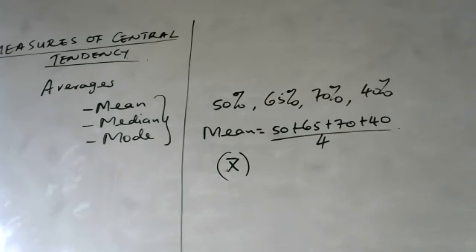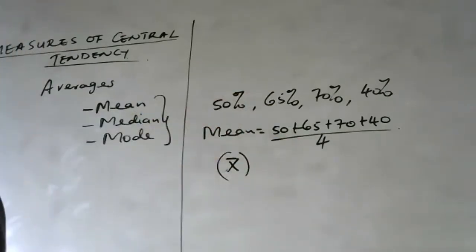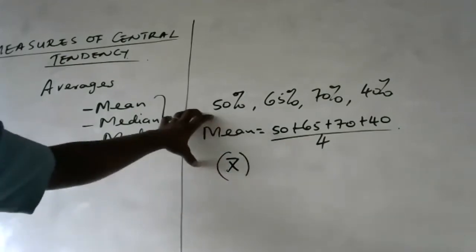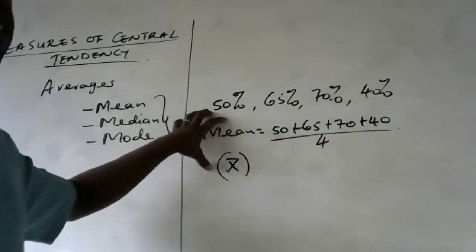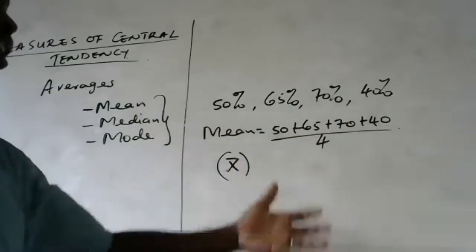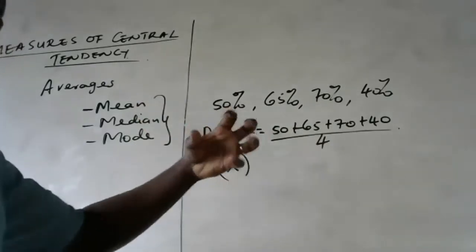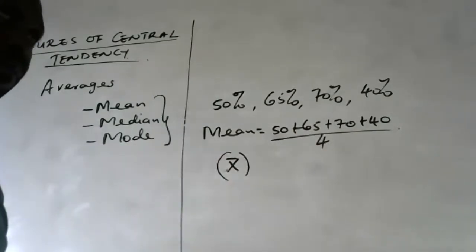We collect their data, the profit from company A, company B, company C, company D. After getting all of them, we can get the mean profit for all of them. Anyway, the mean can be an average for any data that you have collected. It can be mass, age, weight, height, anything. So long as you have that data, you can calculate the mean.